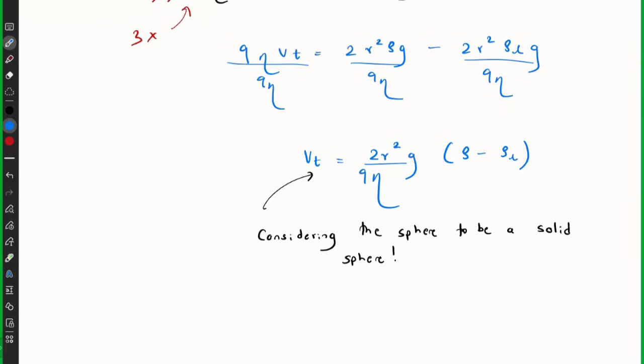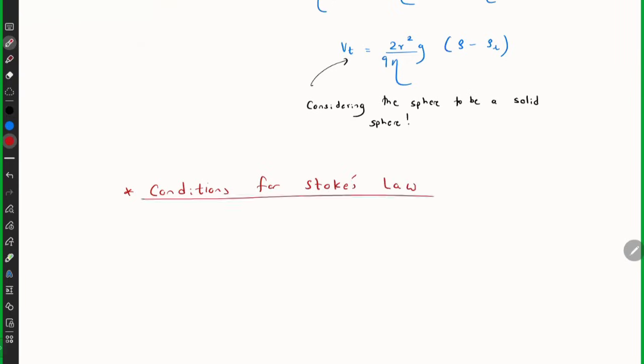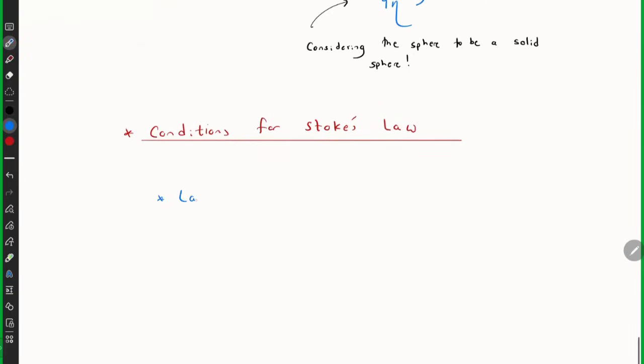So now what are the assumptions, what are the conditions for Stokes' law? That's what I was going to come to. Conditions for Stokes' law: it's going to have uniform viscosity. And also laminar flow has to be there.